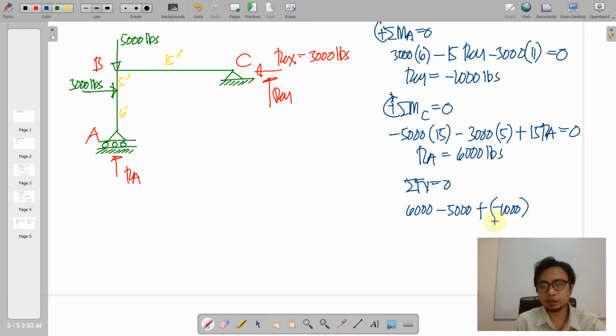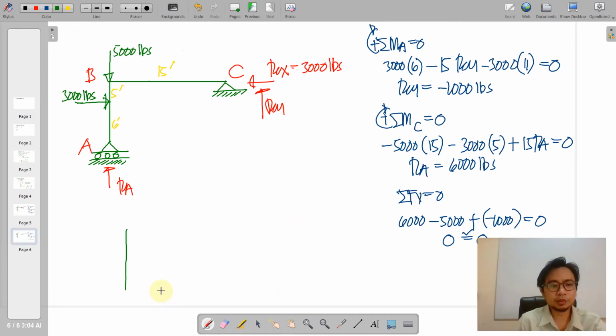But carry the sign of your RCY. Okay? And that will be equal to 0. Of course, we will notice that it is really equal to 0. So we are now assured with our reaction A and RCY. We can now proceed to our analysis.